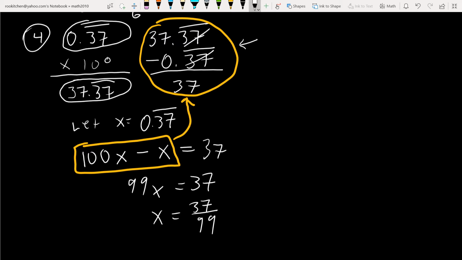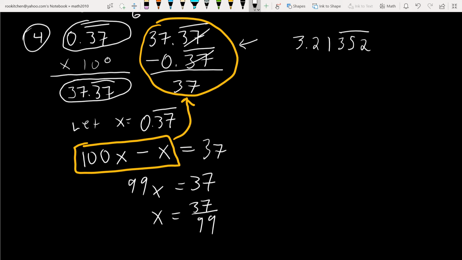And it could be kind of annoying if they give you something that's kind of weird, like 3.21352 repeating or something like that. Then it's a matter of how do I multiply this thing to produce that cancellation of the repetitive part.